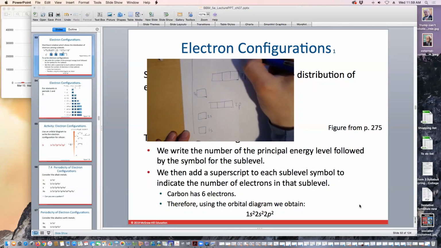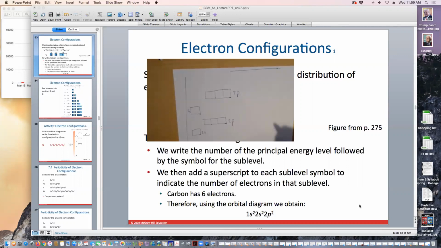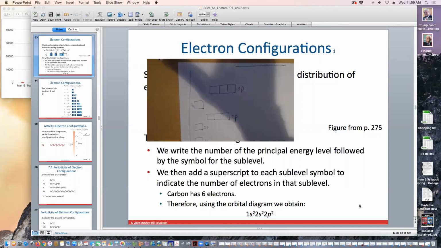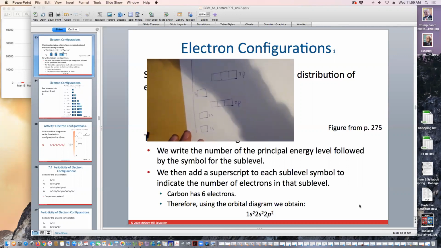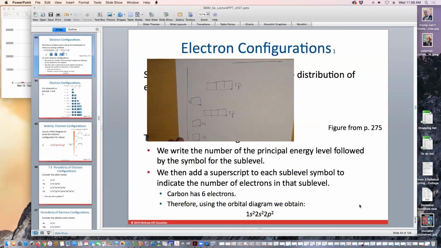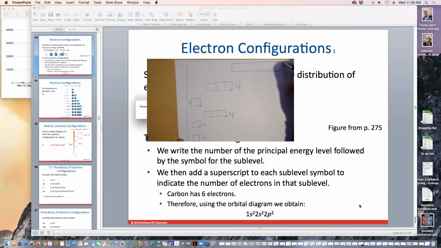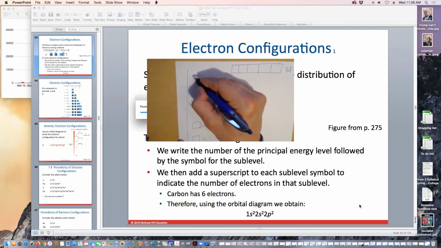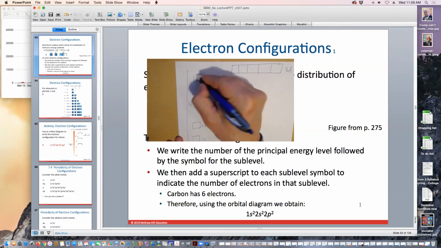And before we fill the 3D, which would be up here, there's the 3D. Before I fill the 3D, 1, 2, 3, 4, 5, 3D, there's the 4s, which is lower in energy.